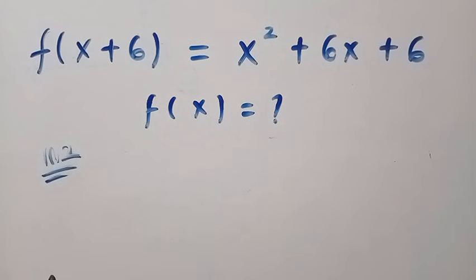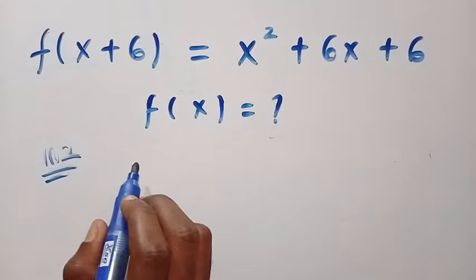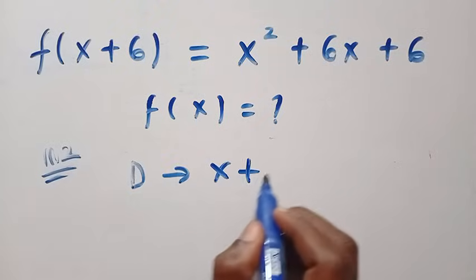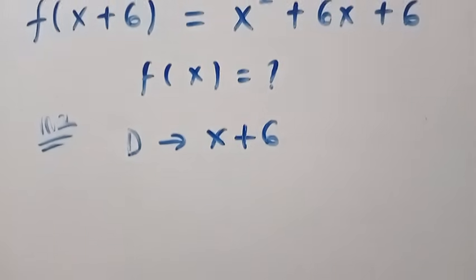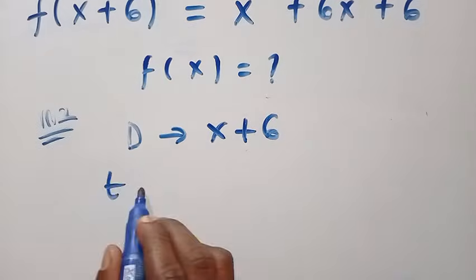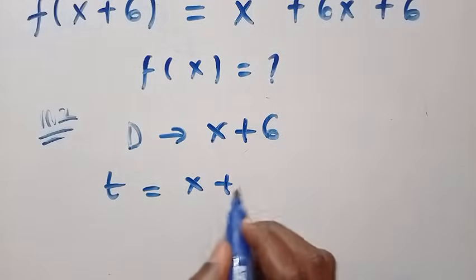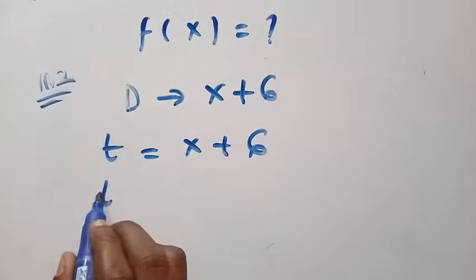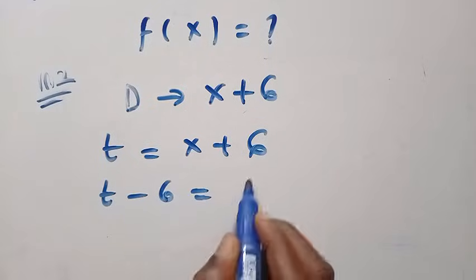By applying the substitution method, we are going to let the domain, which is x plus 6, be t. If t equals x plus 6, then we make x the subject and we have t minus 6 equals x.